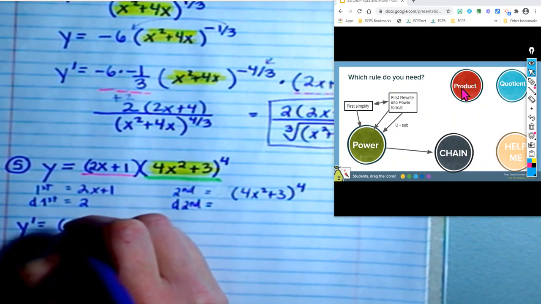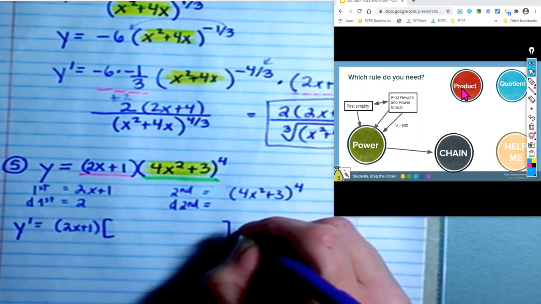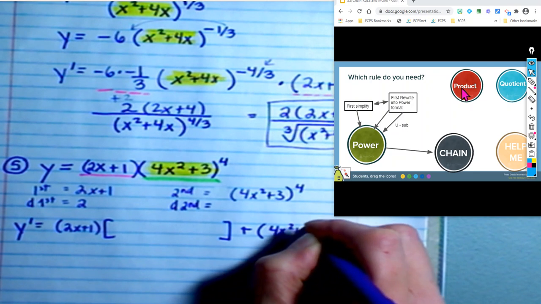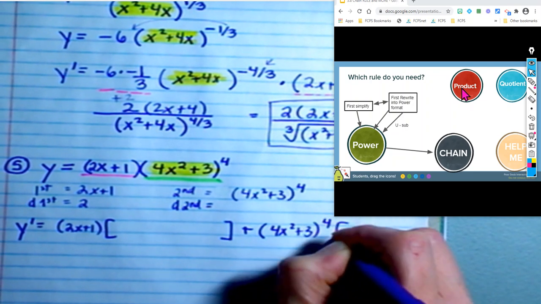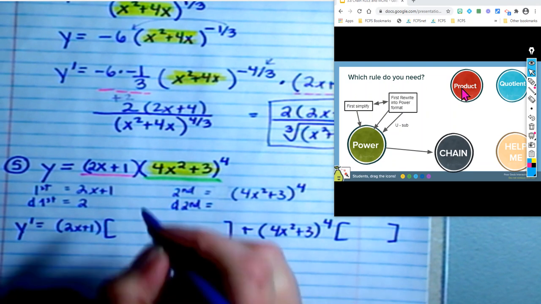The first times the derivative of the second, plus the second times the derivative of the first. That's all the product rule is. It's just copying the pieces and then putting the corresponding derivatives in the right place.